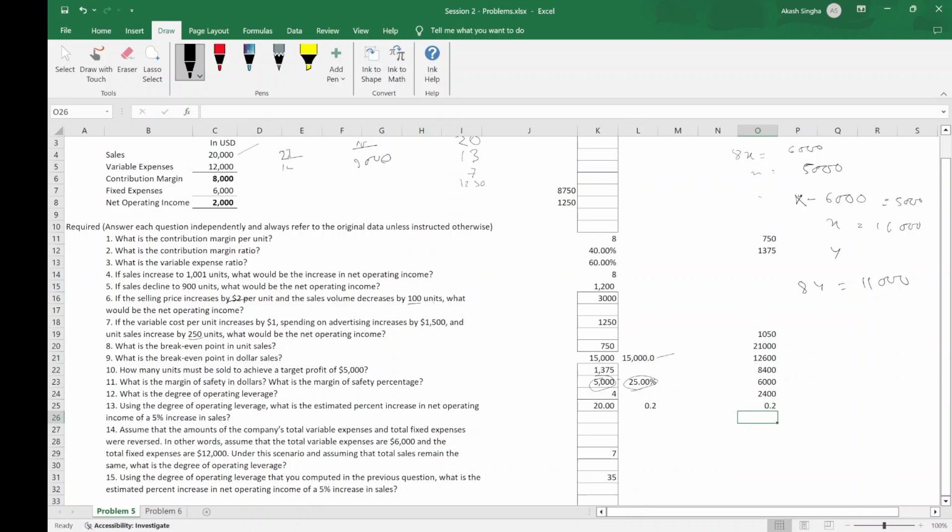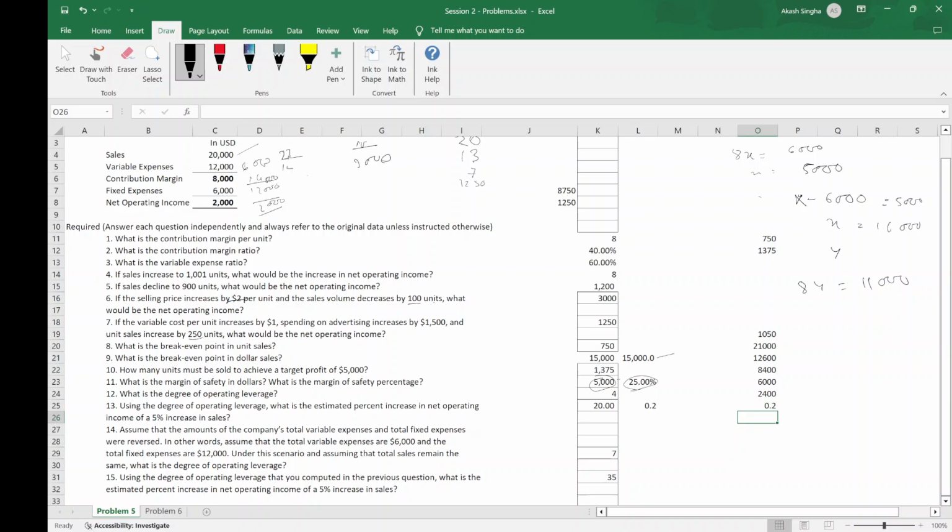Under this scenario, assuming the total sales remains the same, what is the operating leverage? So here the contribution margin will be 14,000 and here it will be 12,000. The net operating income will be 2,000. So 14,000 by 2,000, which is 7. That will be our operating leverage.